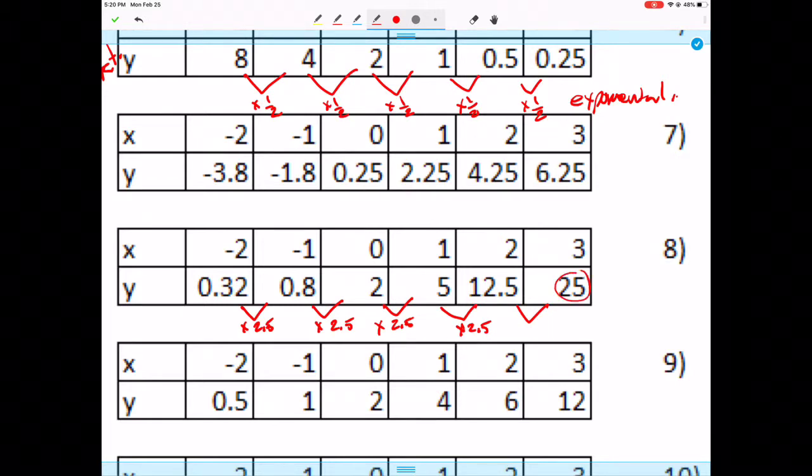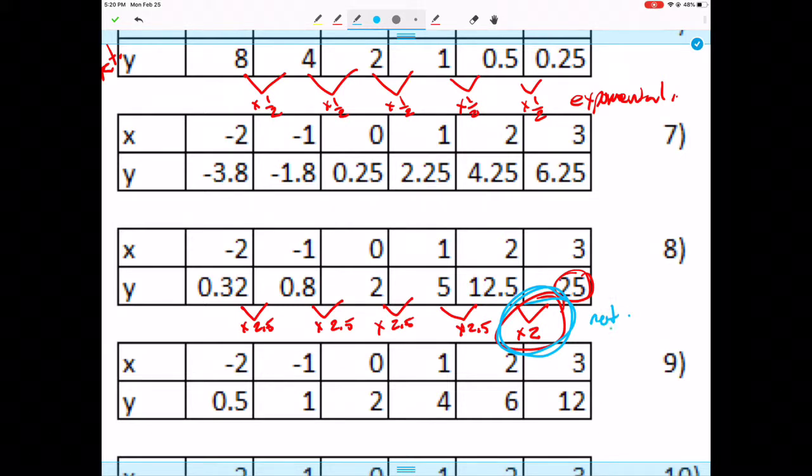That does not give us what we want. So this does not continue this pattern. 2.5 divided by 12.5 is 2. So you multiply 12.5 by 2, that gives us 25. So here, this tells us that this equation, perhaps it's a piecewise function, I don't know, but it is not exponential.